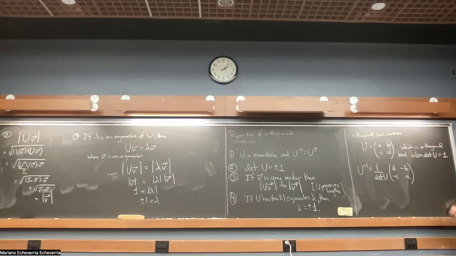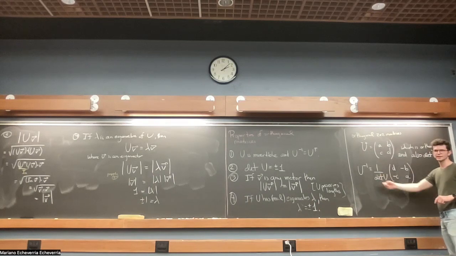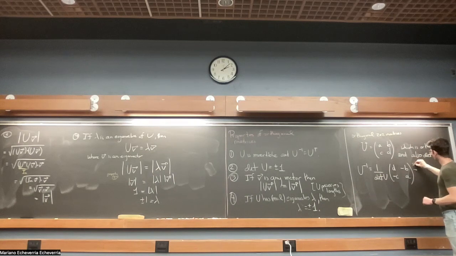Since I'm taking the determinant to be one, this determinant has to be plus or minus one, but I'm assuming that it happens to be one so that I can ignore this first factor. So since determinant of U equals one, this simplifies to this.